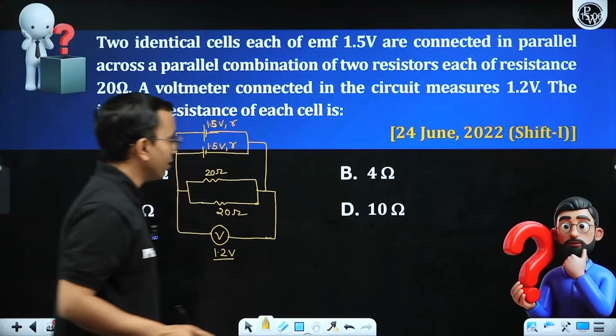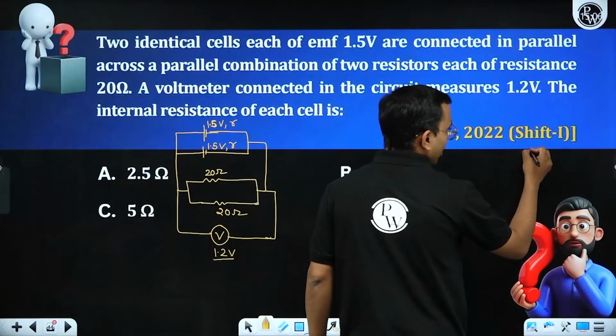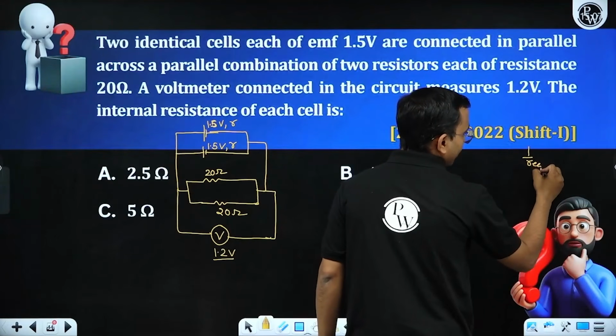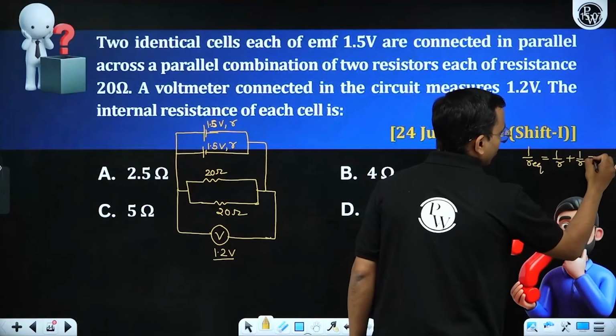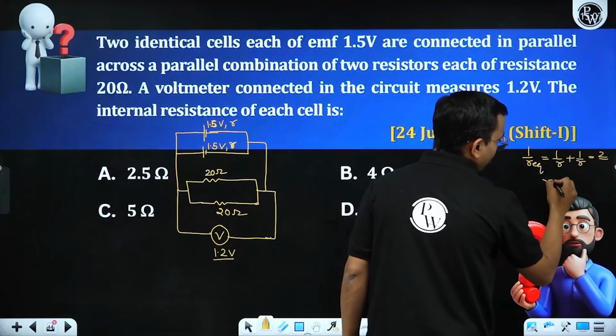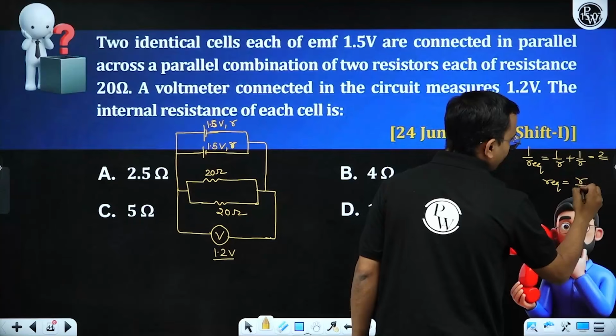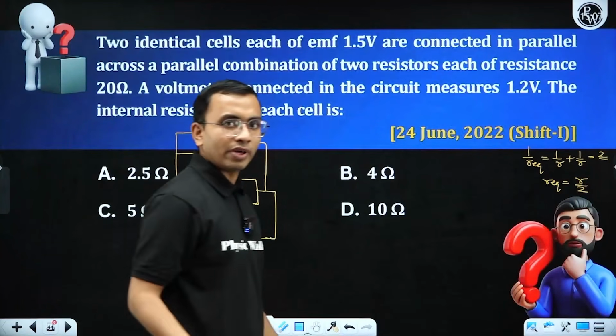So how to find the equivalent? First of all, find the R equivalent. 1 by R equivalent is equal to 1 by R1, that is R, plus 1 by R2, that is R. So this is 2 by R. So R equivalent comes out to be R by 2. Now let us find E equivalent.